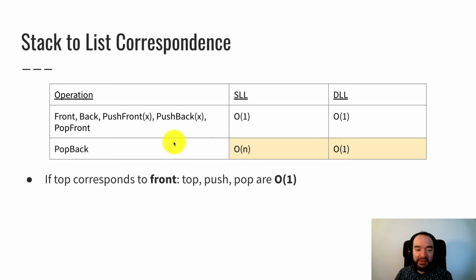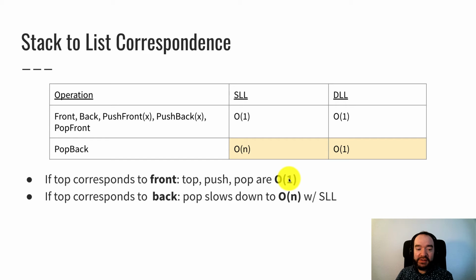So if we make the top correspond to the front, then when we're pushing, popping, and getting the top, we're pushing, popping, and getting the front. Those are all constant time operations. Conversely, if we make the top correspond to the back, then when we access, push, and pop the top, we would be pushing and popping the back, and that means that the pop stack operation would take linear time, which is slower.